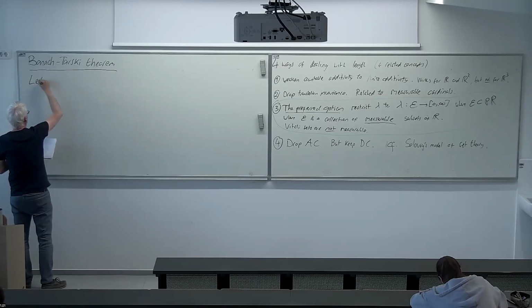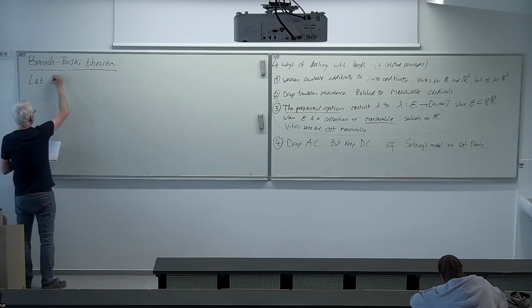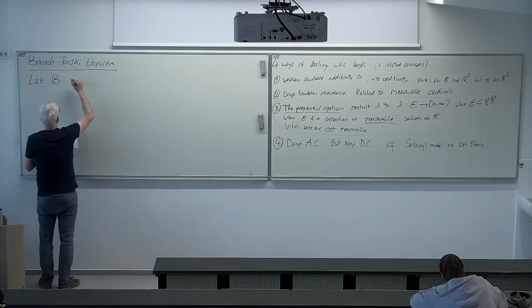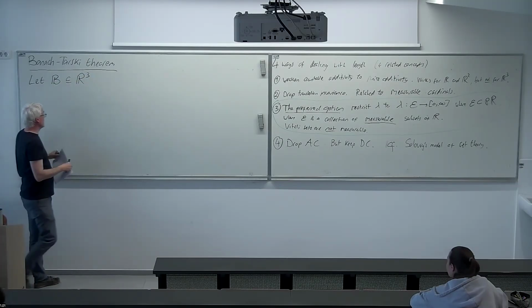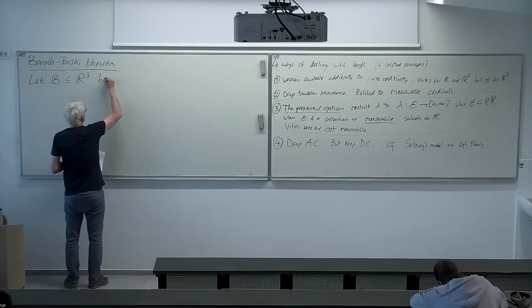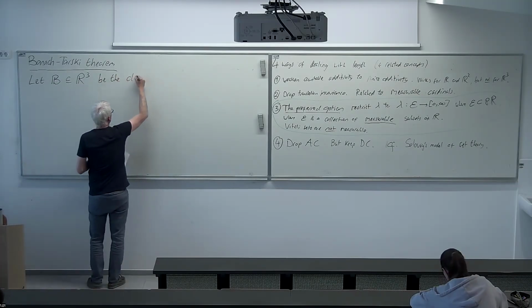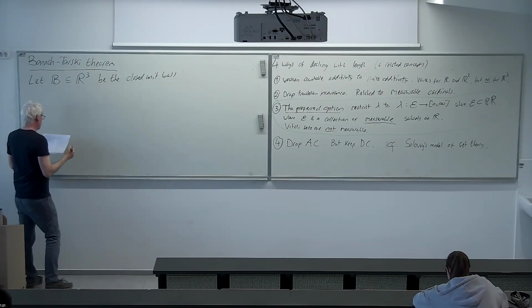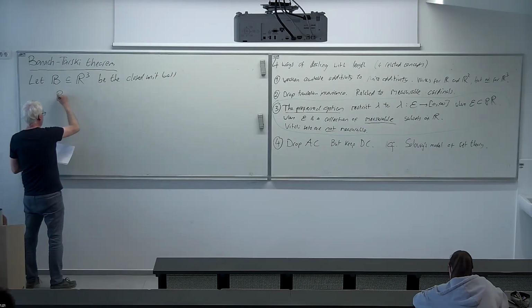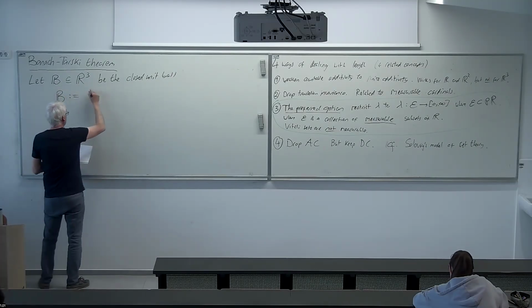It's about the closed unit ball. I'm going to use blackboard B for the closed unit ball. The closed unit ball is, to remind you, a set of points in three-dimensional space.